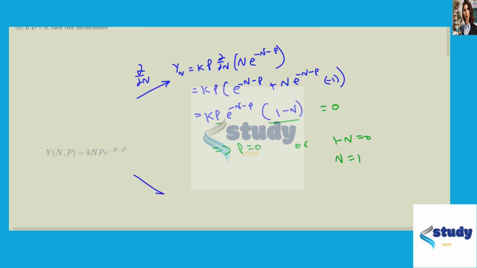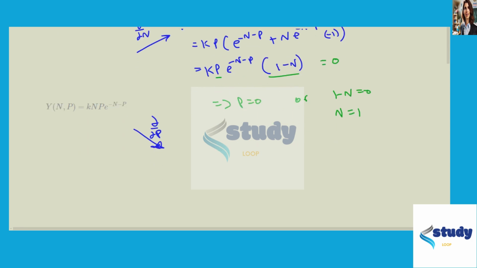So let's take the partial of this with respect to p. And actually notice how this is symmetric in the sense that if we were to switch all the n's and p's around, we would get the exact same equation. So if we come over here and just switch all the variables around, we should end up with the exact same derivative as well.